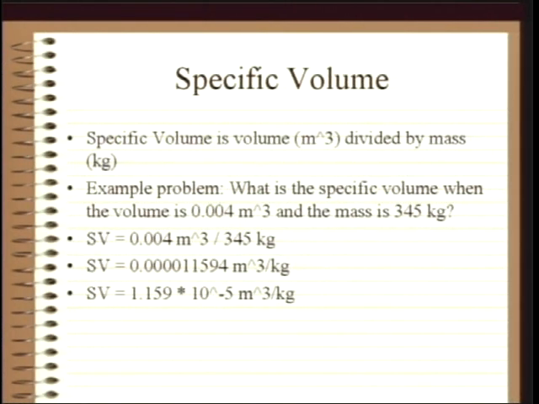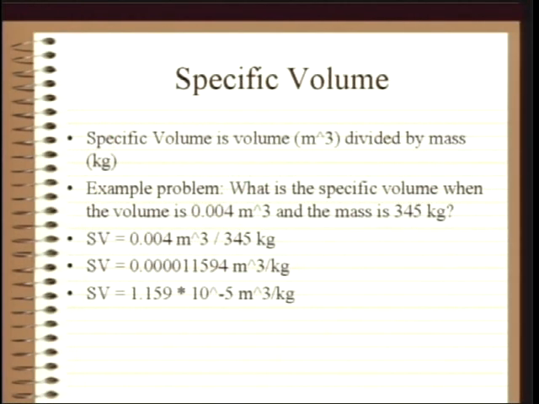So the specific volume is going to be our volume, 0.004, divided by 345 kilograms. And when those are divided out, we end up with a fairly small number here of 0.000111594 meters cubed per kilogram. Notice that the units are inverted from density units.